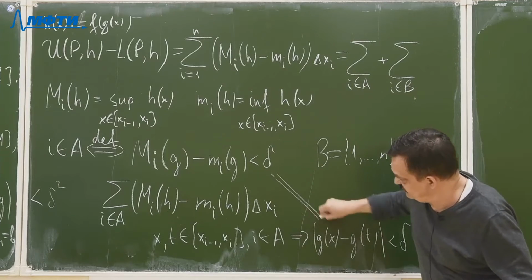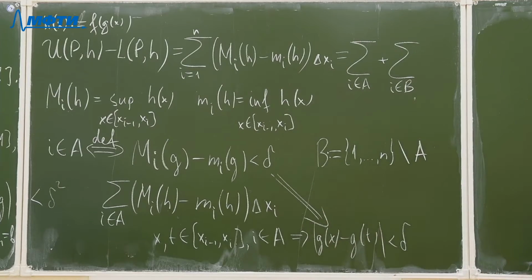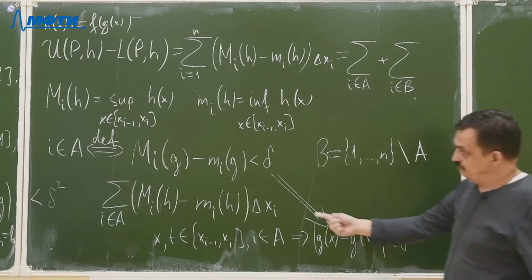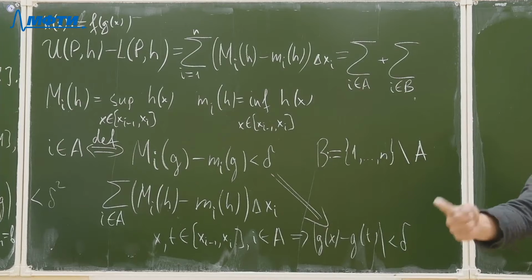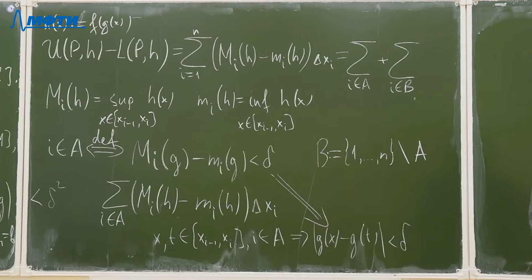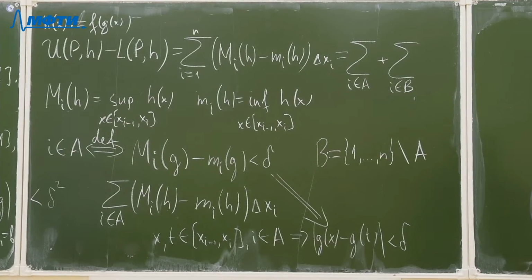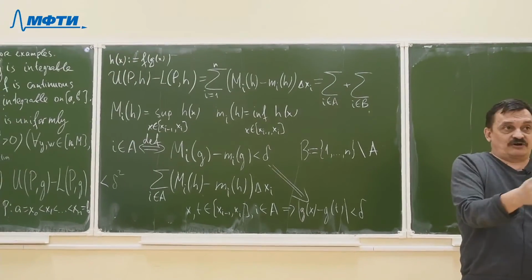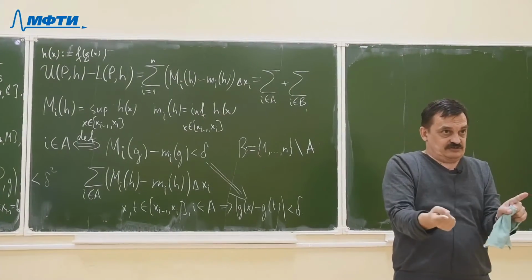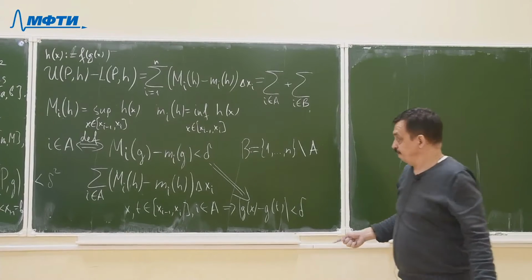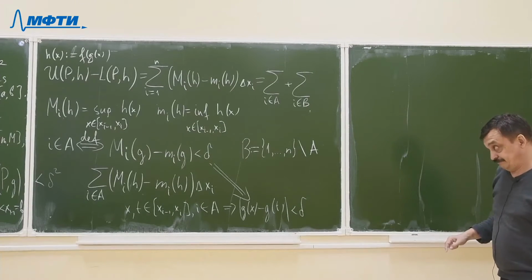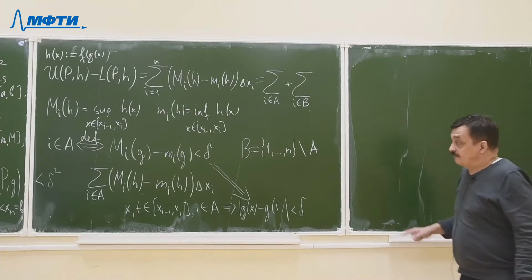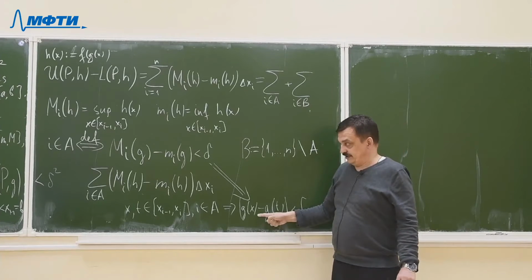This follows from that one. Because if we know that the difference between supremum and infimum is less than delta, then the difference between arbitrary values of the function is also less than delta: |g of x minus g of t| is less than delta, right? But then, look, what happens?